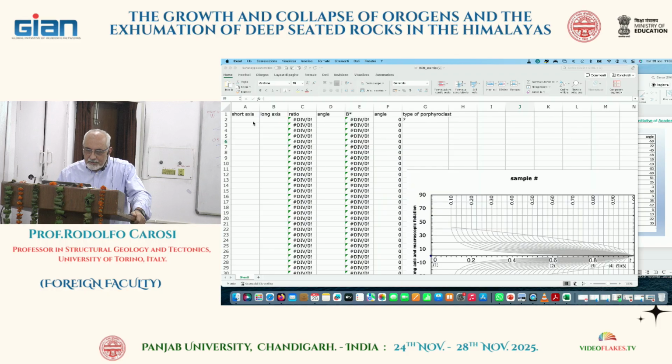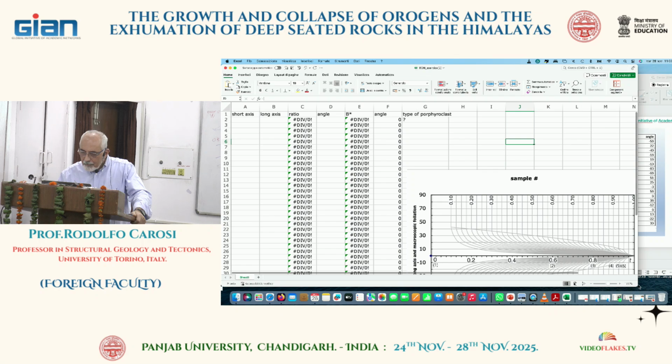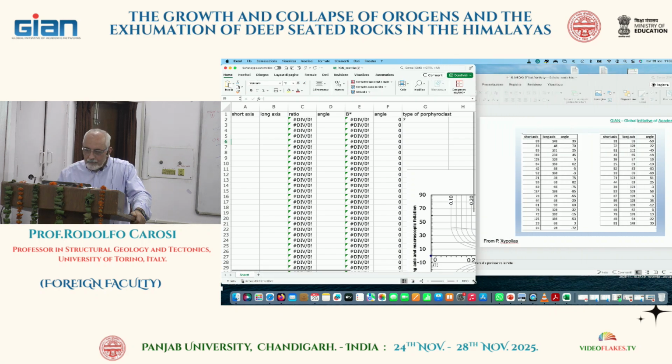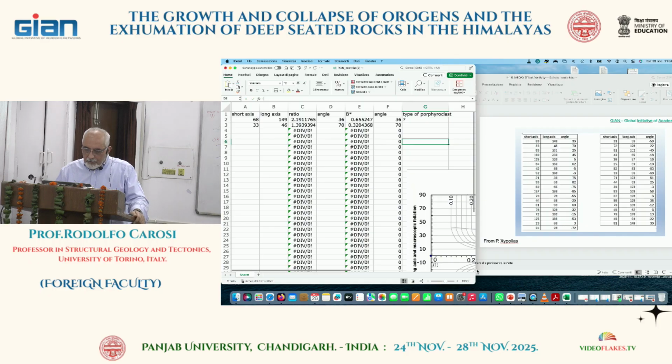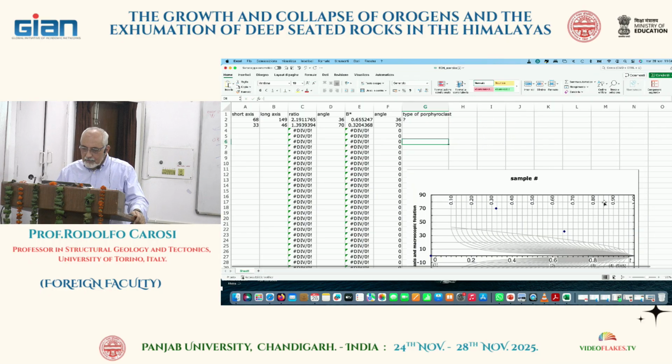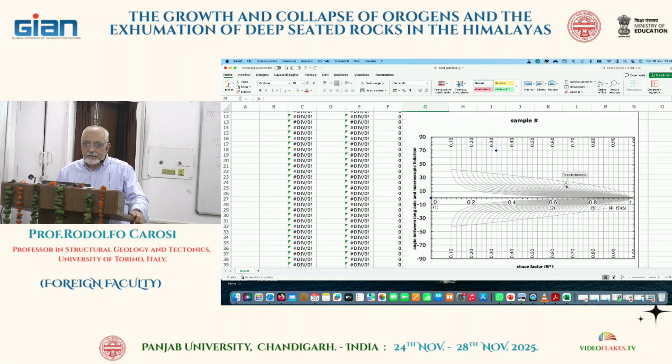So, for example, this is asymptote 68, angle 36, maybe the second 33, 46, 70. And if you look at this graph, it plots the points on this graph.